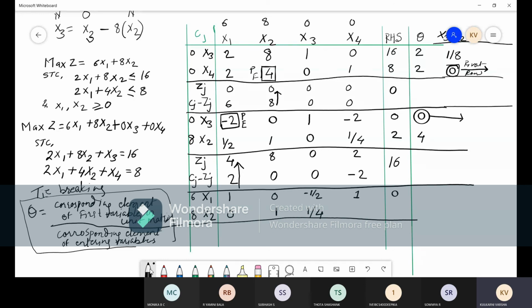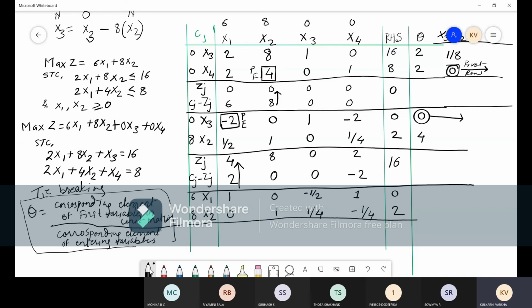So 1 by 4 minus 1 by 2 will be minus 1 by 4. Do the same here: multiply this 0 by half and subtract it from 2, so it will be 2 only. So we got all the values.